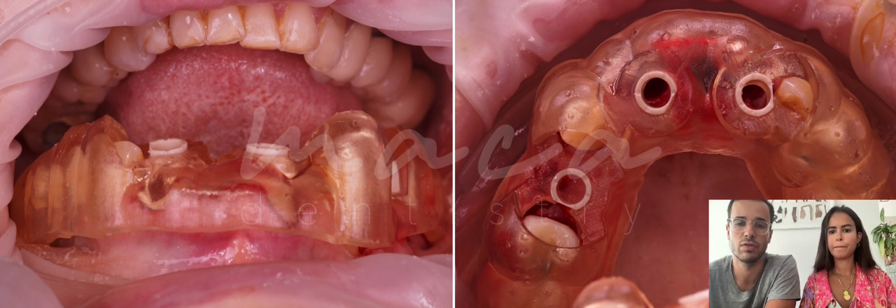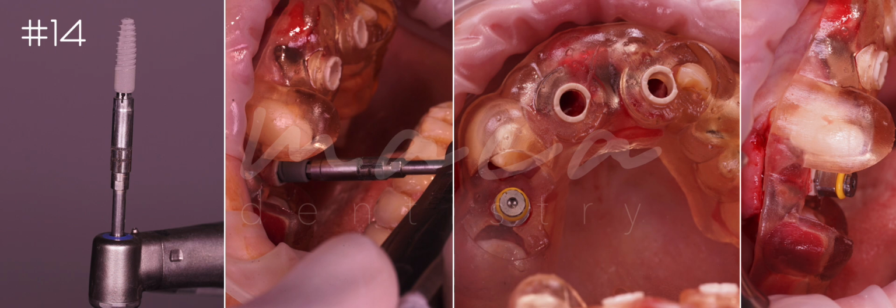As I said on the first case, what I do to check is to look at the cusps of the teeth and see if the cusps are placed in the windows and they are set in the final position that is desired. And if everything is okay, we can start the drilling protocol, and then after the placement of the first implant, what I did was to place an anchor stand to increase the stability of the guide.